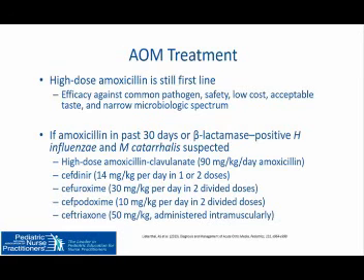If they've had antibiotics recently, then you need to go to second line. You need to think about something that's going to treat a beta-lactamase resistant pathogen, because these patients are much higher risk for resistance. So that's when you think about high-dose Augmentin, cefdinir, or one of the others.